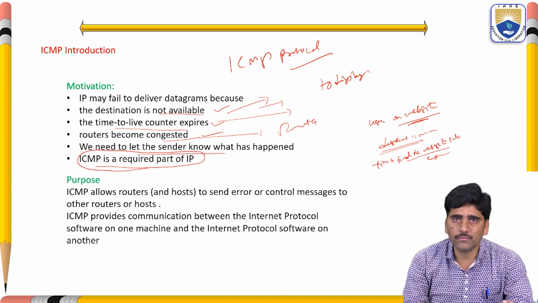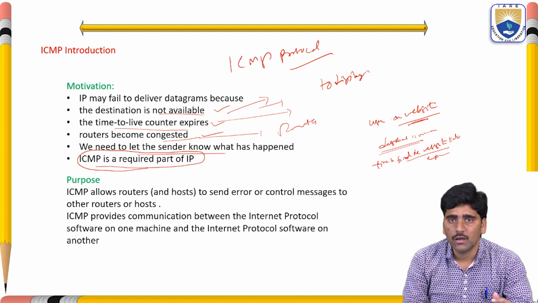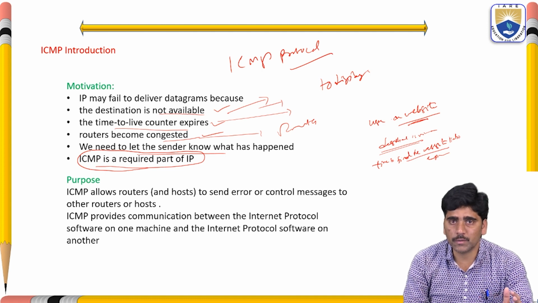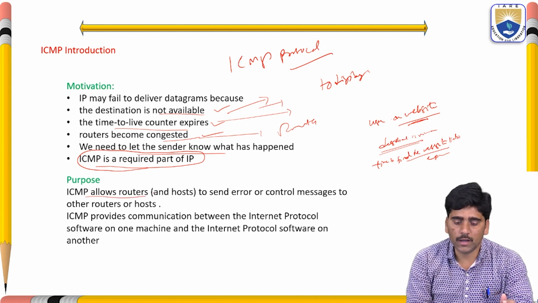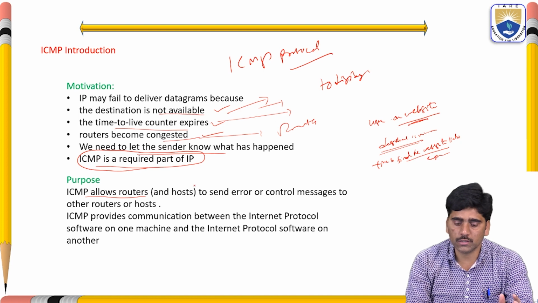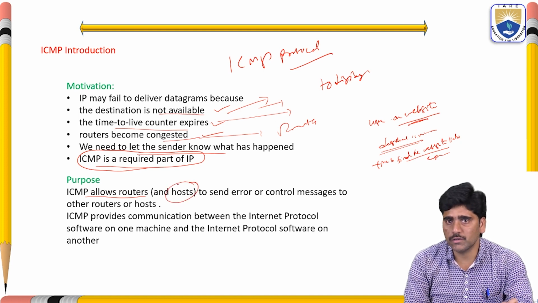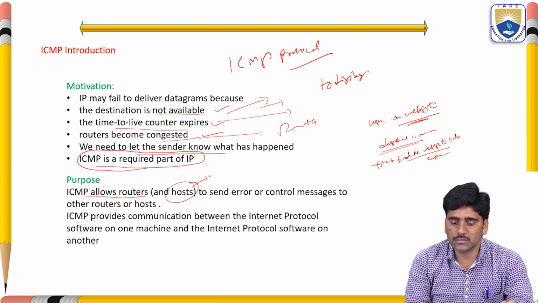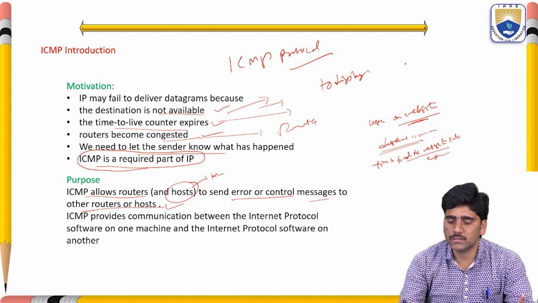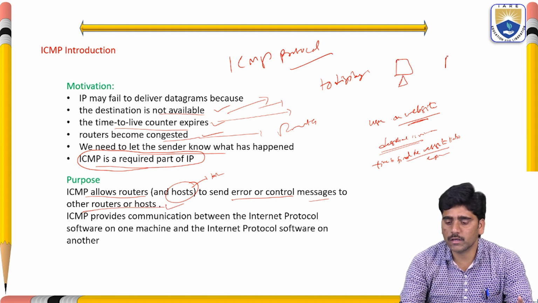What is the purpose of the ICMP protocol? ICMP allows routers, which are network devices, and hosts to send error or control messages to other routers or hosts. Systems are connected to the internet with the help of routers.